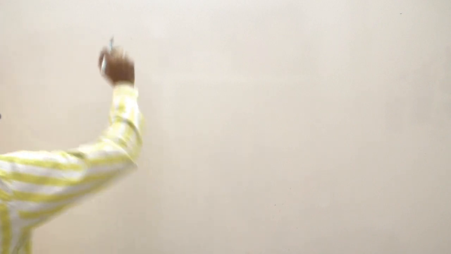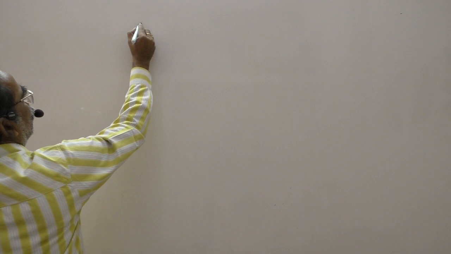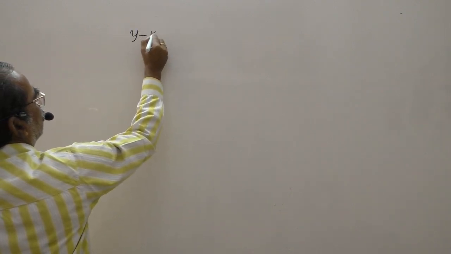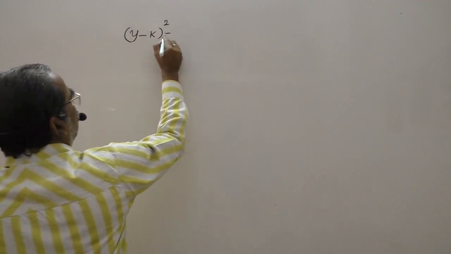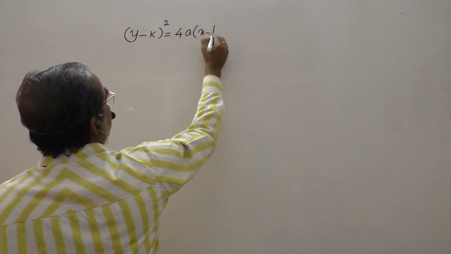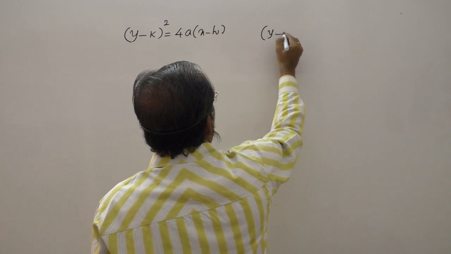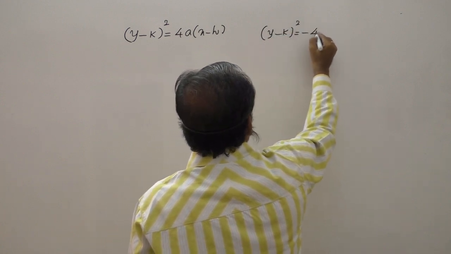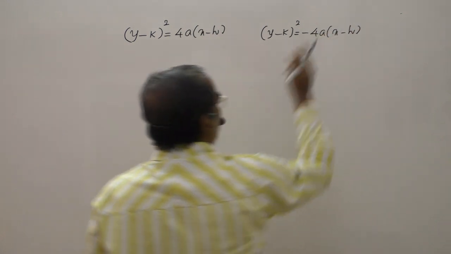Listen carefully. What is the first parabola? (y minus k) whole square is equal to 4a into (x minus h). And another one, (y minus k) whole square is equal to minus 4a into (x minus h).